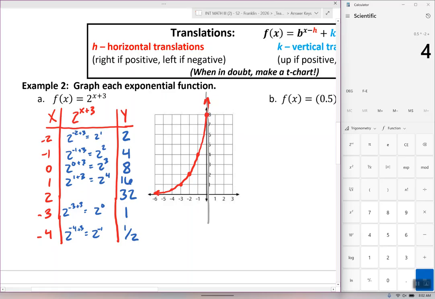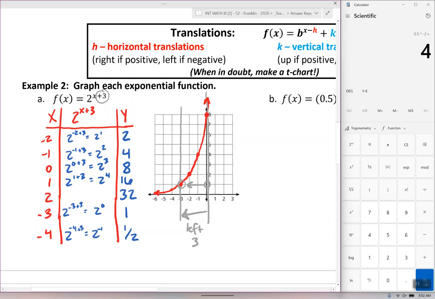So since we had a +3, we moved left 3 spaces. Right, so where I would have been centered on the y-axis with my 0, 1 point, which normally is right here, now it's right here. I moved it left 3 spaces.